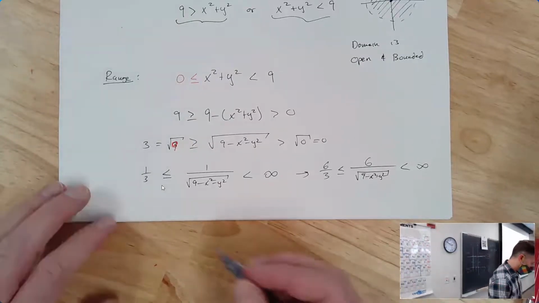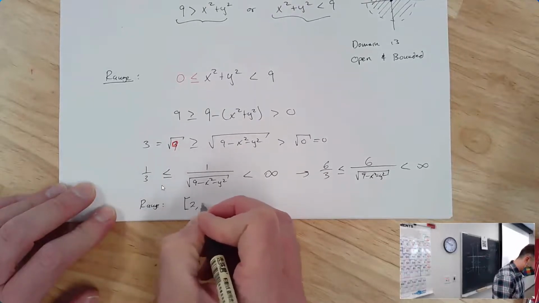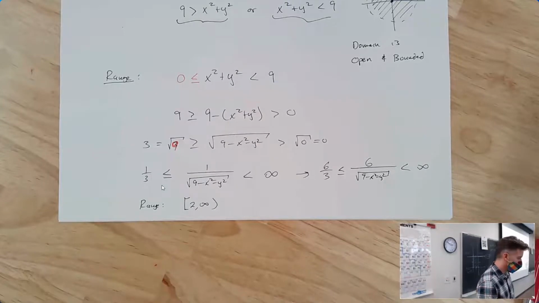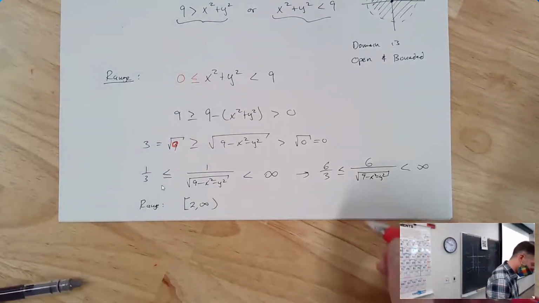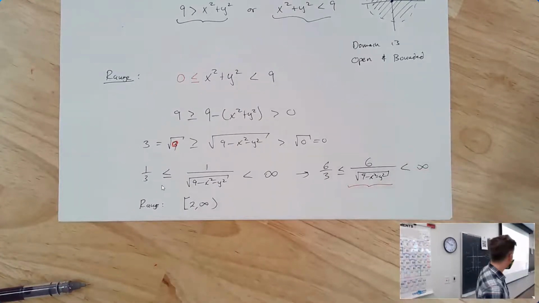So here's what we've got for our range. The range is bracket 2 to infinity. Which makes sense if you look back at this original function, right? If you just think about it for a second, the smallest that can be is when the denominator is as large as possible.